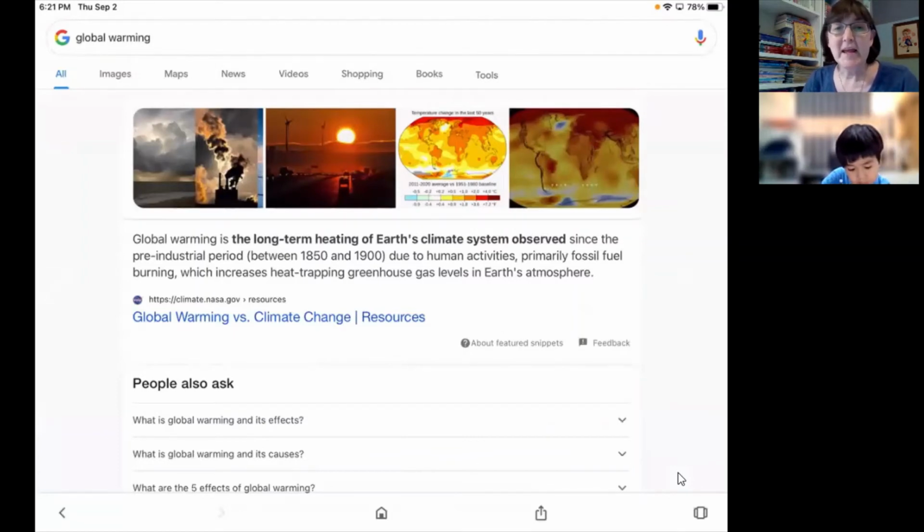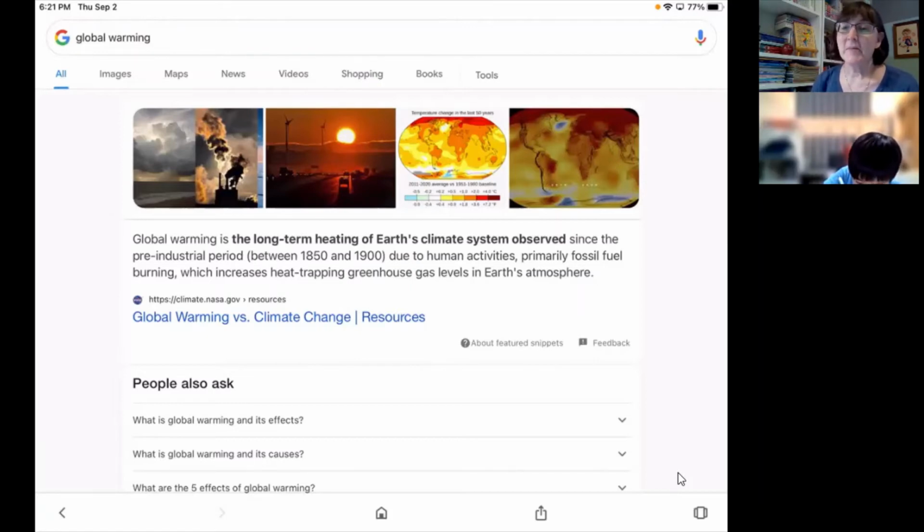That means between 1850 and 1900. So going back not quite 200 years, maybe about 120 to 170 years. For that amount of time, they have been measuring the temperature of the Earth.